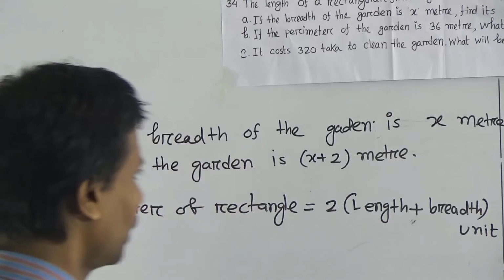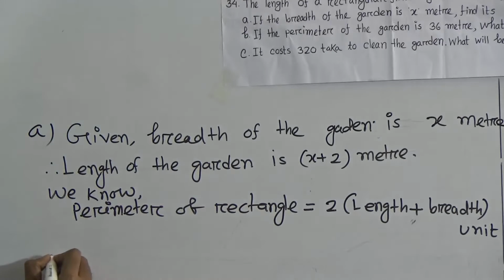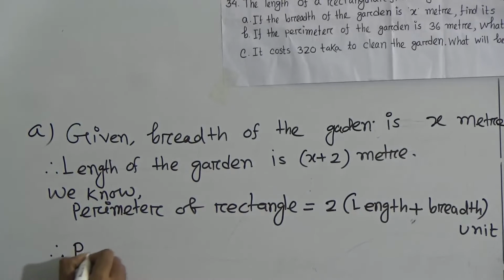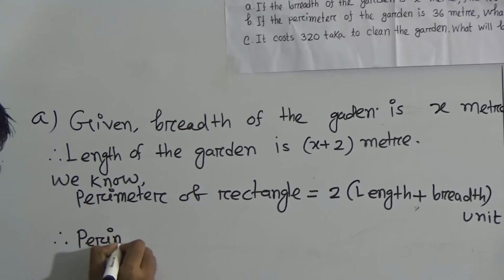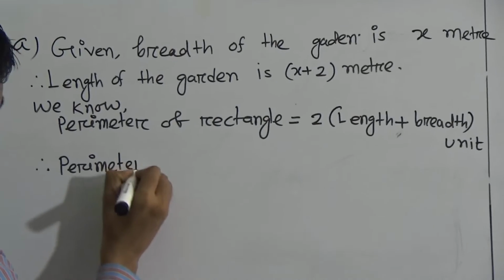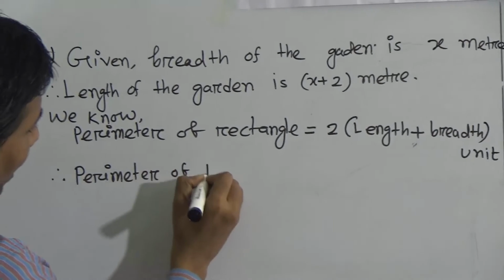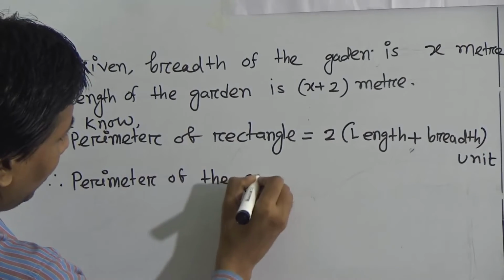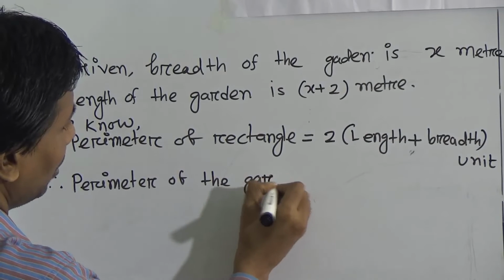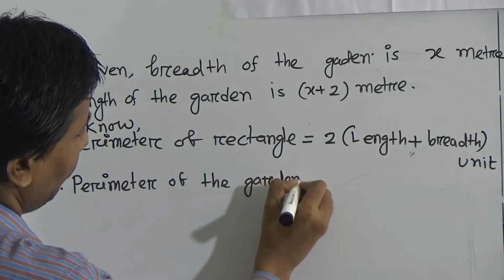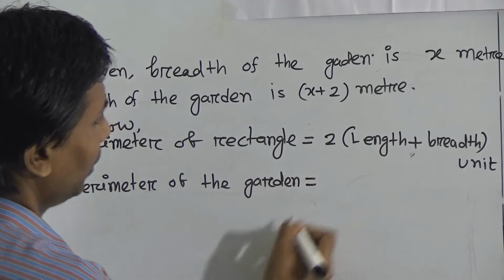Okay, therefore we can write perimeter of the garden. Perimeter of the garden is what?